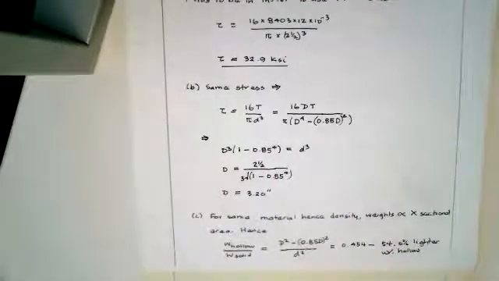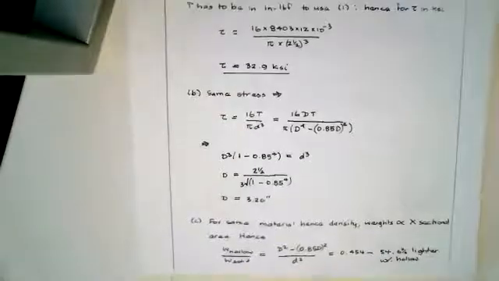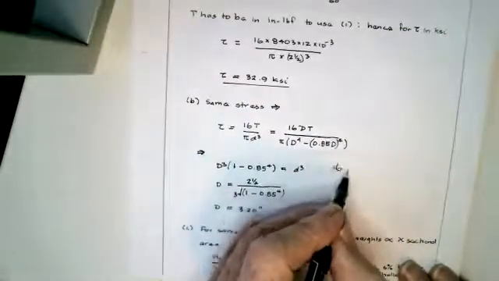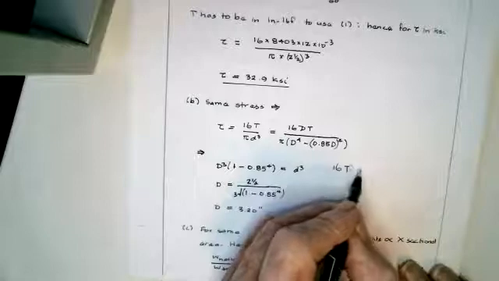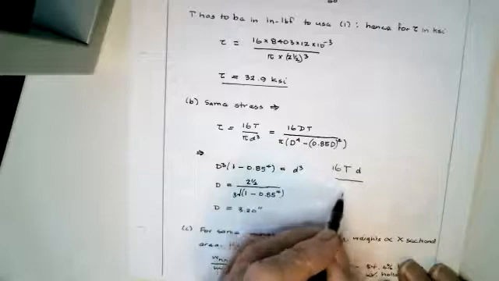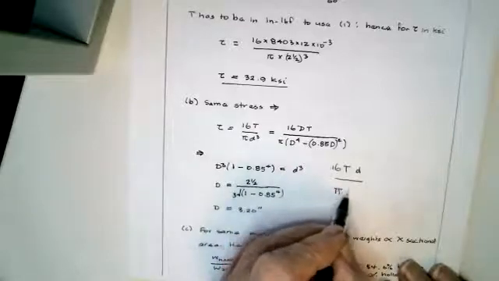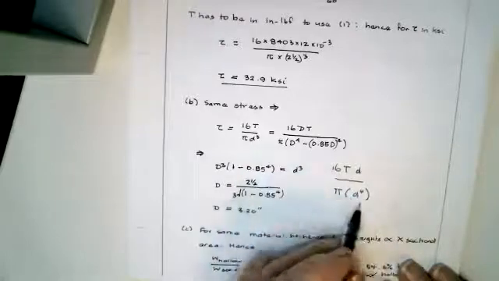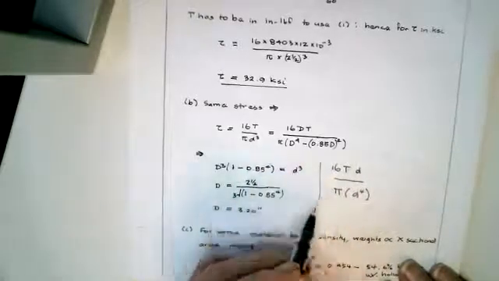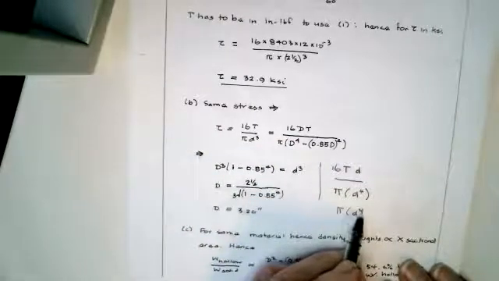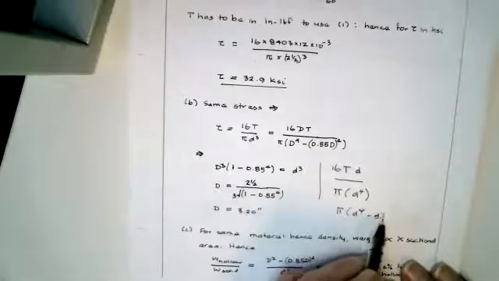How did you get the d to the fourth minus the 0.85 d to the fourth? Okay, that's because of this formula, you need to go back and look at your strength of materials, 16T. When you have J and there's a hollow, then it's going to be pi. So you need to go look that up.